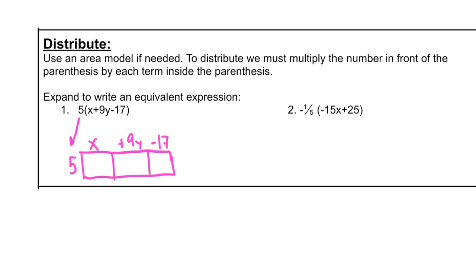So we are just going to go 5 times x is 5x, 5 times 9y is plus 45y, and 5 times negative 17 is negative 85. So our actual distributing is the answers inside my area model.